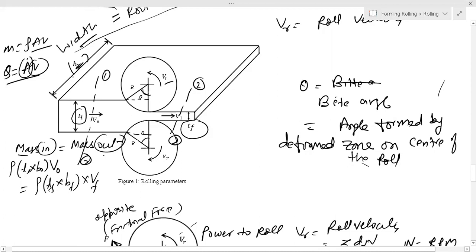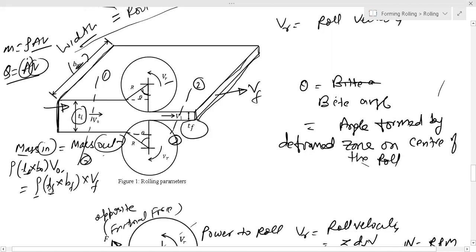The cross section area is this thickness and this breadth, and the velocity perpendicular to the cross section, that is V naught, the initial one, with density. Then T final is this, and you have to take this cross section, and here is the velocity V final.